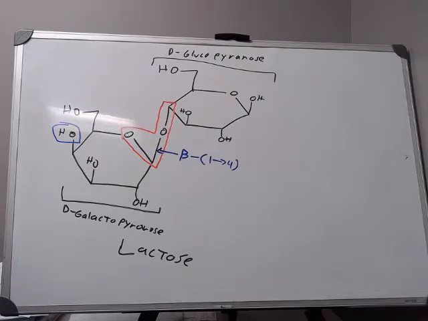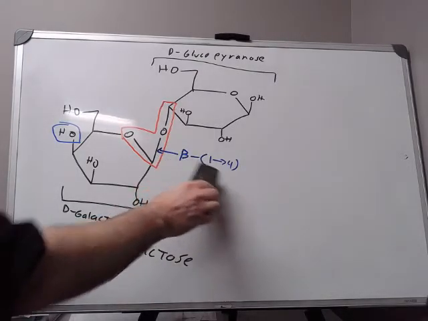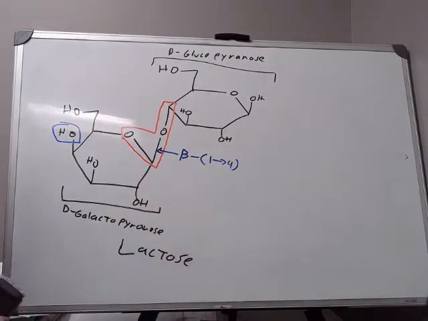But anyway, the difference between lactose, which we can digest, and cellobiose, which we can't digest, comes down to this hydroxyl group. But they're both joined by this beta 1,4 glycosidic bond.